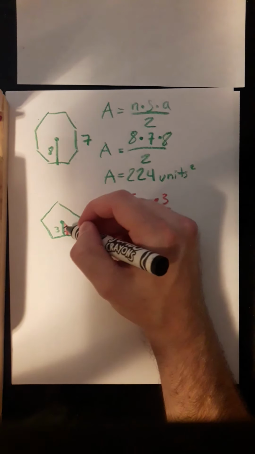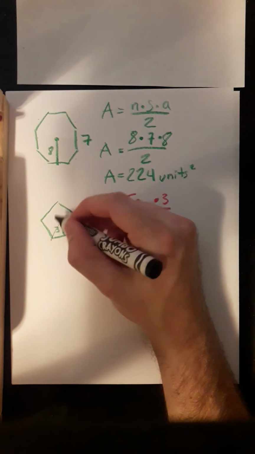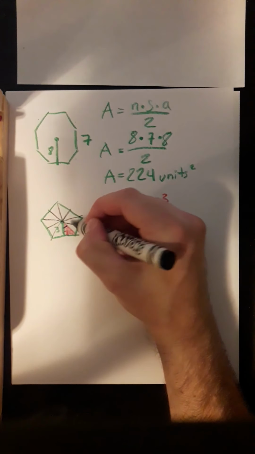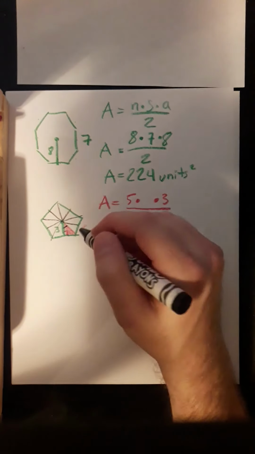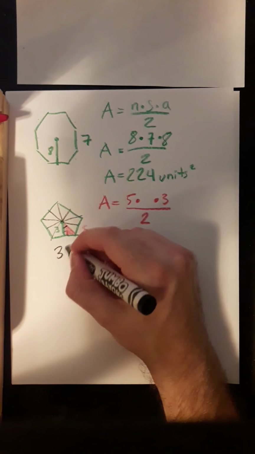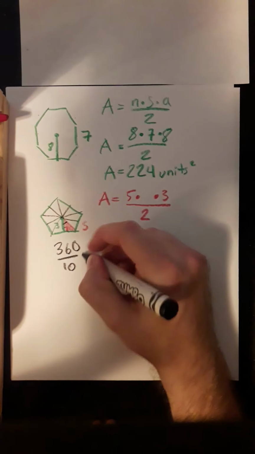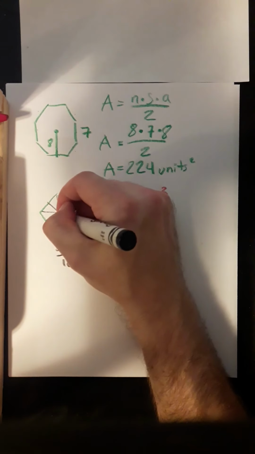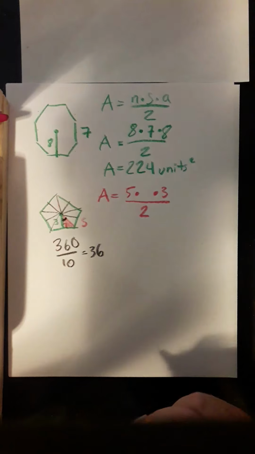Which means that we are going to have 1, 2, 3, 4, 5, 6, 7, 8, 9, 10 of these little triangles. Now, we have 10 of these triangles in a circle, so 360 divided by 10 gives me 36. So this angle right here that I've marked with the little swoop, that's 36.